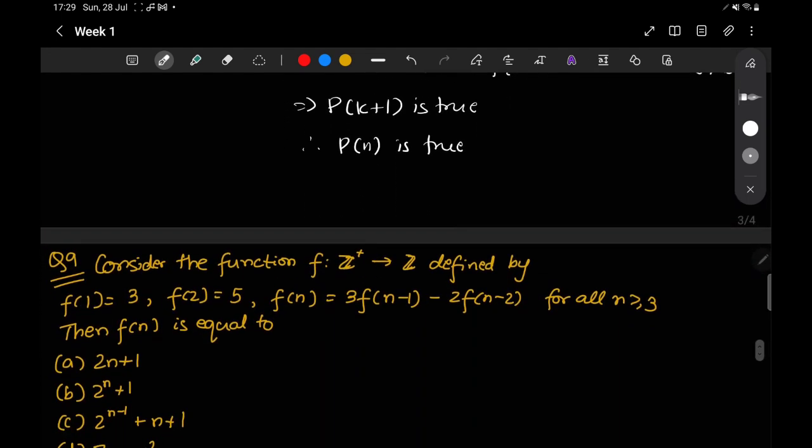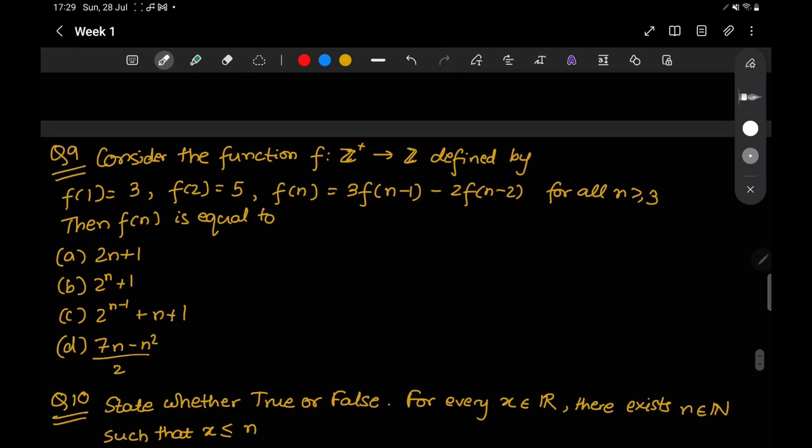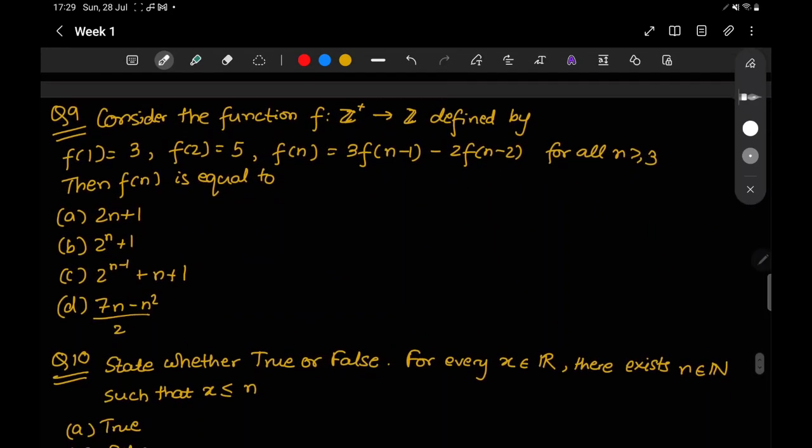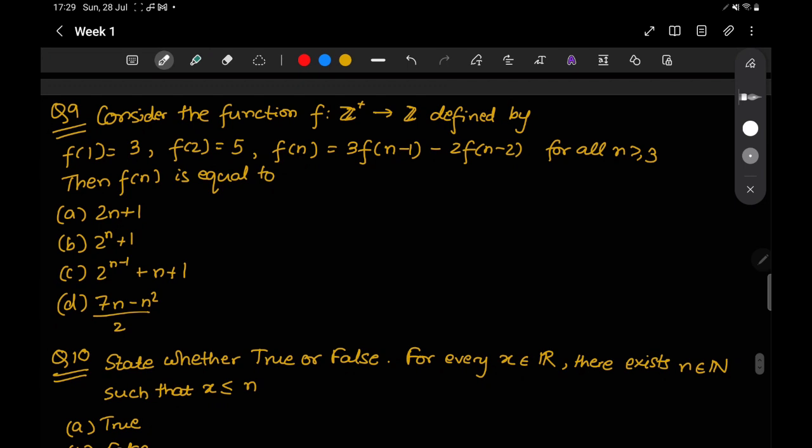Now we can proceed to the next question. This is the second last question. Consider the function f going from Z plus to Z defined by f(1) equals 3, f(2) equals 5, f(n) equals 3 times f(n minus 1) minus 2 times f(n minus 2) for all n greater than or equal to 3.